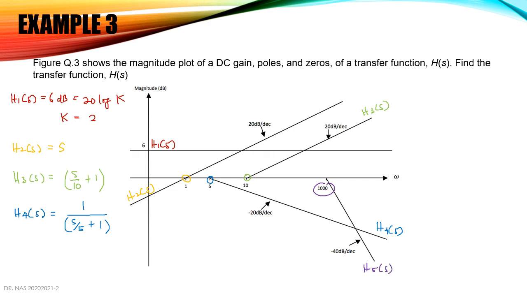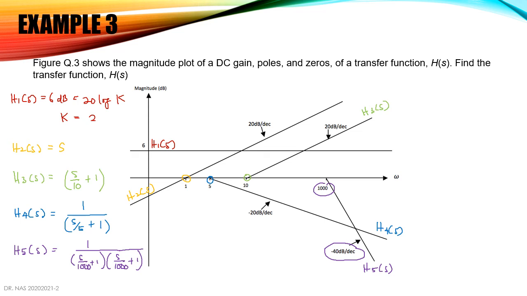But you notice that it is a negative 40 dB per decade line, meaning that you have 2 times the negative 20 dB line.